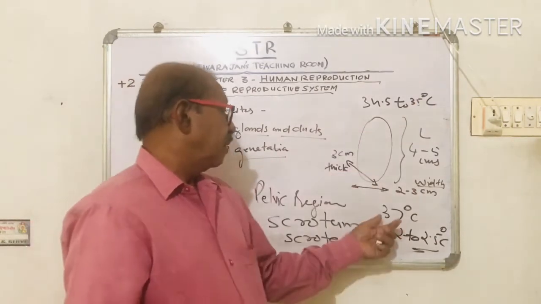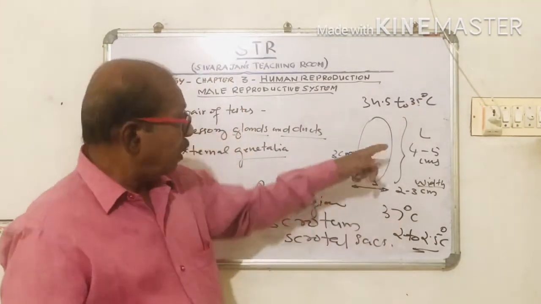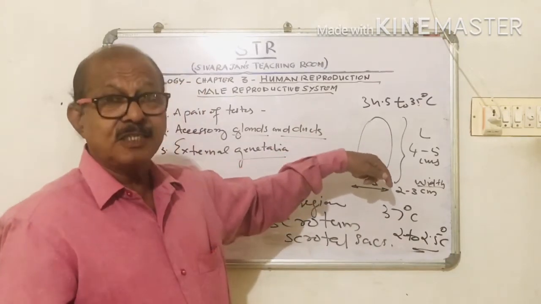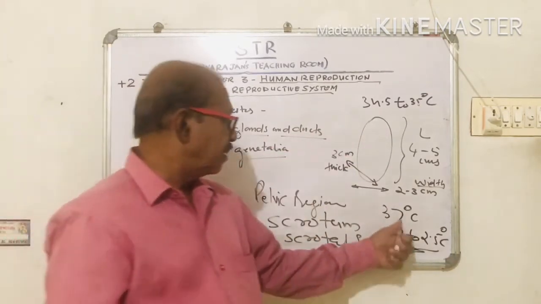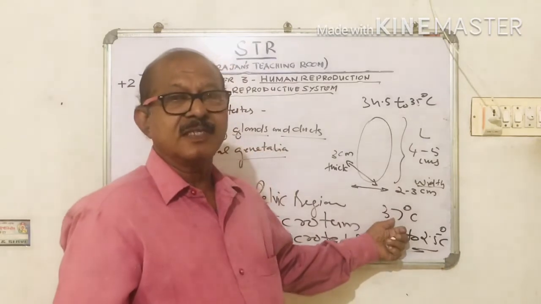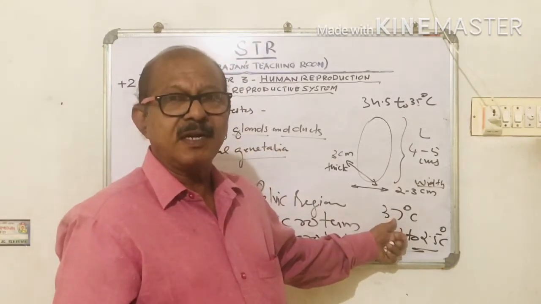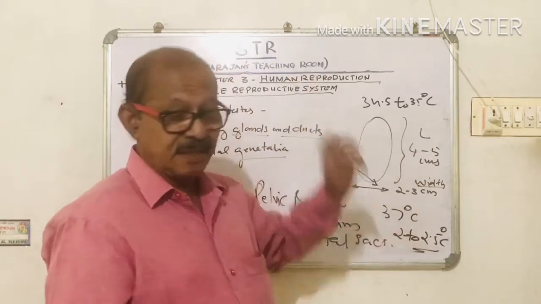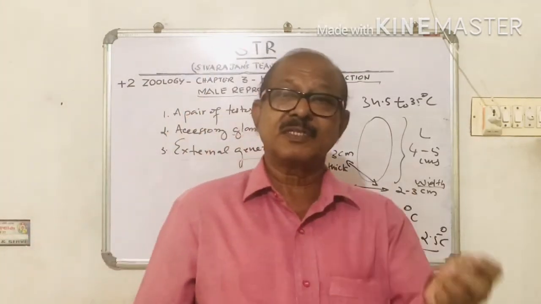So it is placed outside. Once it is inside, the testis will always have the temperature of 37 degrees centigrade. Then it cannot function properly and produce the sperms. So it is kept outside. Now you know why the testis is kept outside the body.